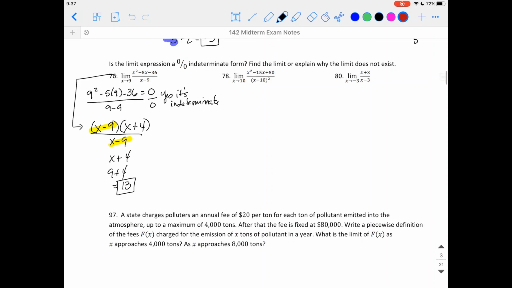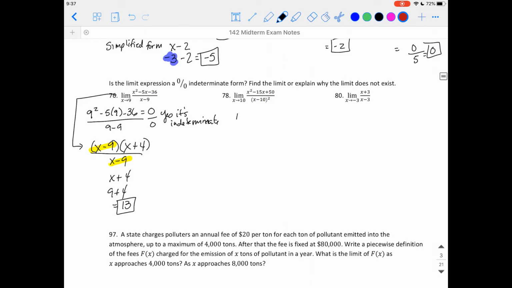Next one. So we're going to substitute it in. 10 squared minus 15 times 10 plus 50 gives us 0. And then we have 10 minus 10 squared, which also gives us 0. So yes, it's indeterminate. So we have to factor. I'm going to put factor here, and factor here.